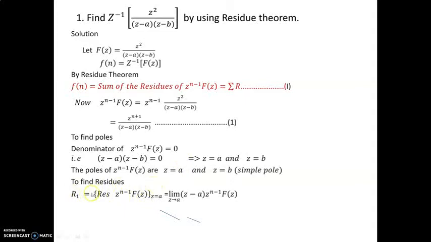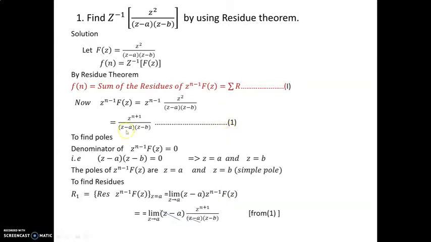So R1 equals the residue of z^(n-1) f(z) at z = a, which equals the limit as z tends to a of (z - a) into z^(n-1) f(z). Next, substitute z^(n-1) f(z) in the above equation. We get the limit as z tends to a of (z - a).